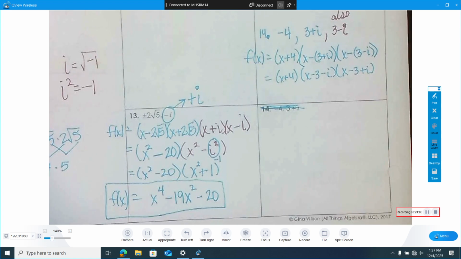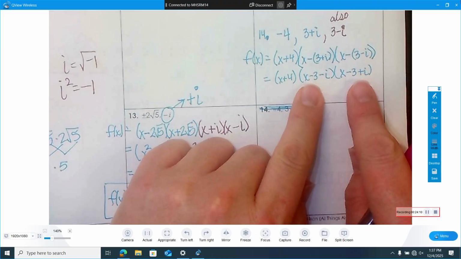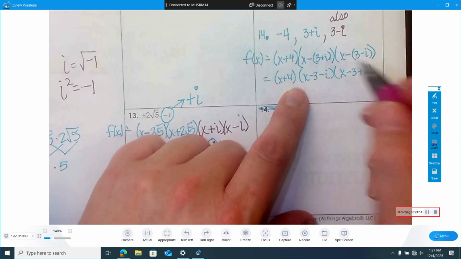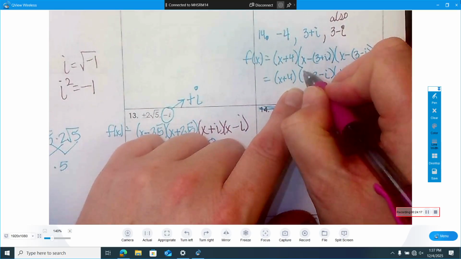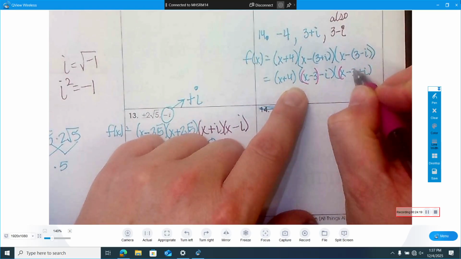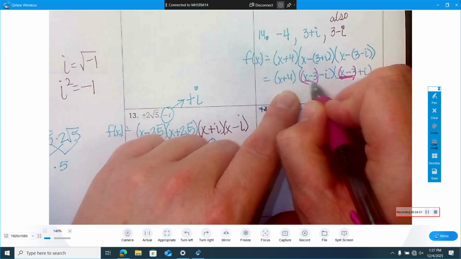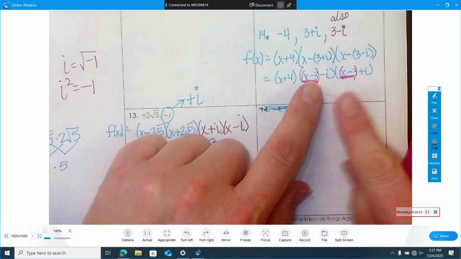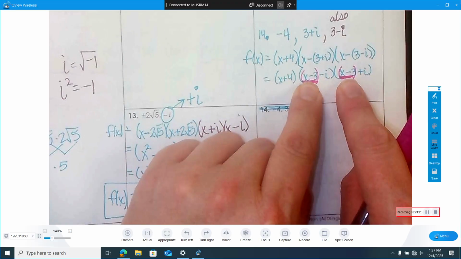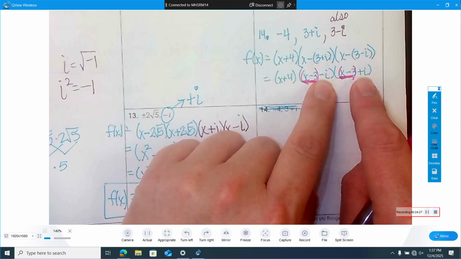We good? All right, what do you notice with these bubbles here at the end? What do they have in common? They both have an x minus 3. So I'm going to highlight that so we can set it off. And then it's a plus i and a minus i.